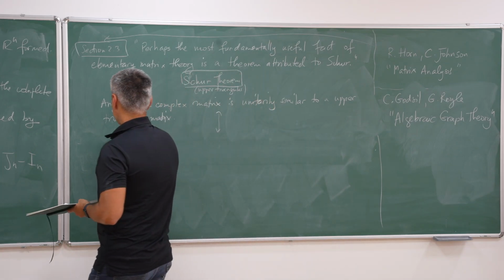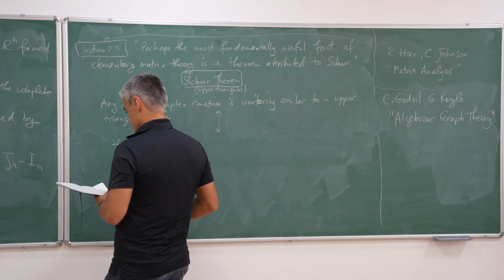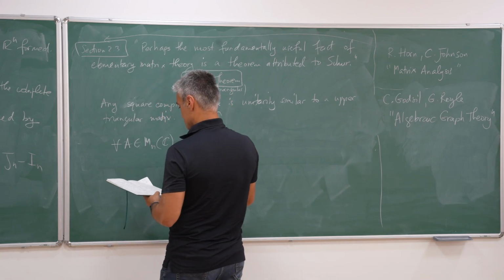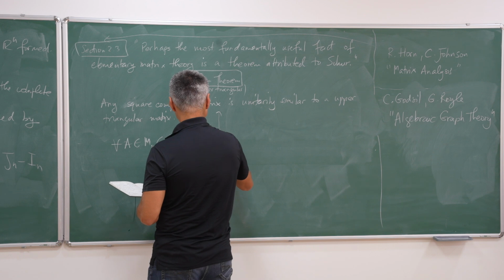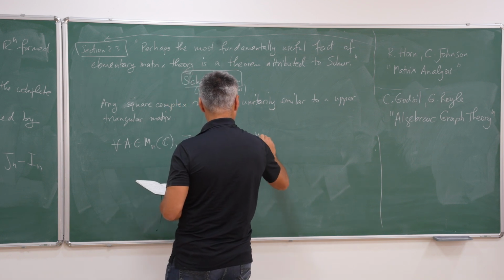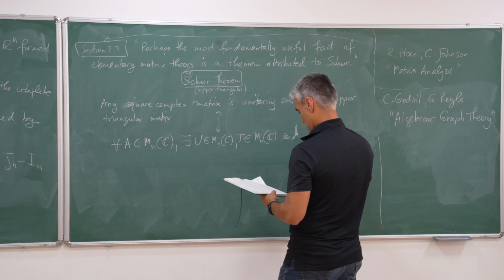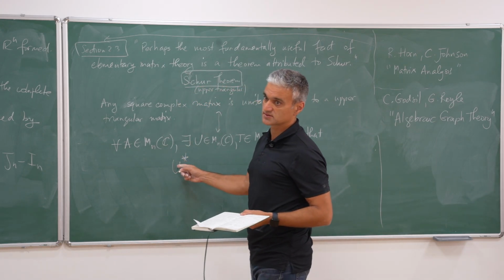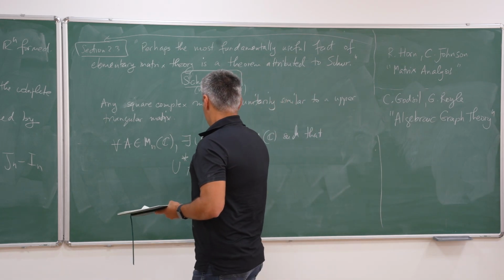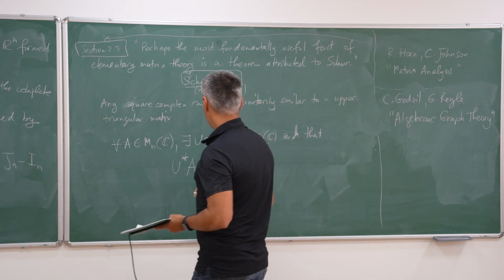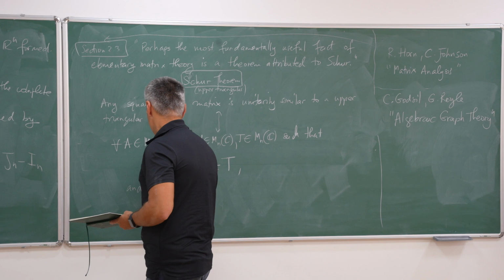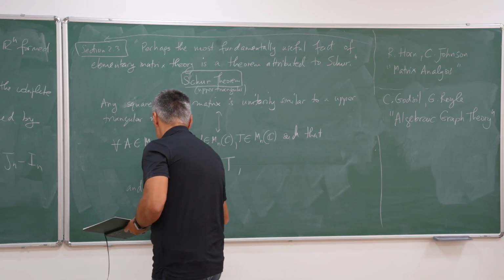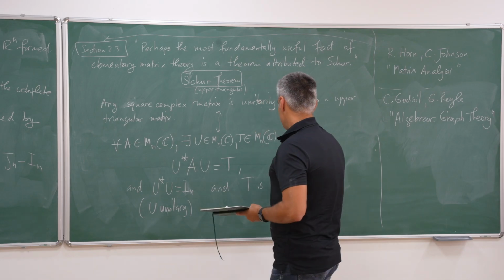For any complex matrix A, there exist U and T such that, since it's over the complex numbers, the transpose gets replaced by the conjugate transpose, U star A U equals T, where U is unitary, so U star U is identity, and T is upper triangular.